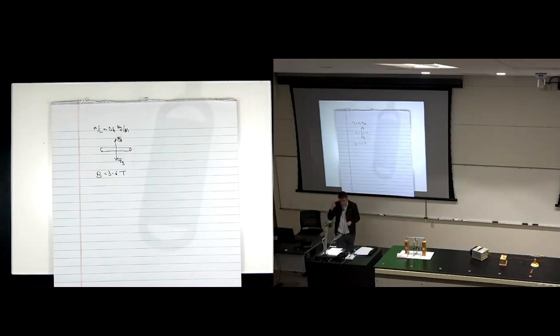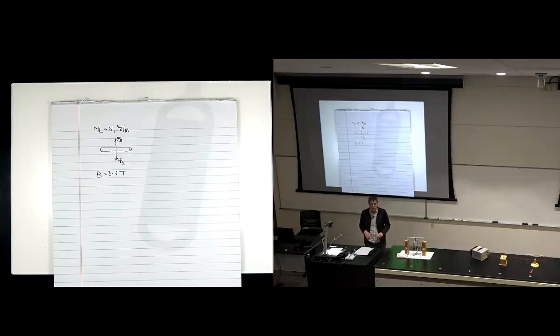Before I do all that, though, let's just answer the question: what is the direction of the current? Does it go towards the right on this screen, or does the current go towards the left on the screen? This would be the first kind of obvious question. Well, we can use the right-hand rule for that. Again, this is practice in the right-hand rule.